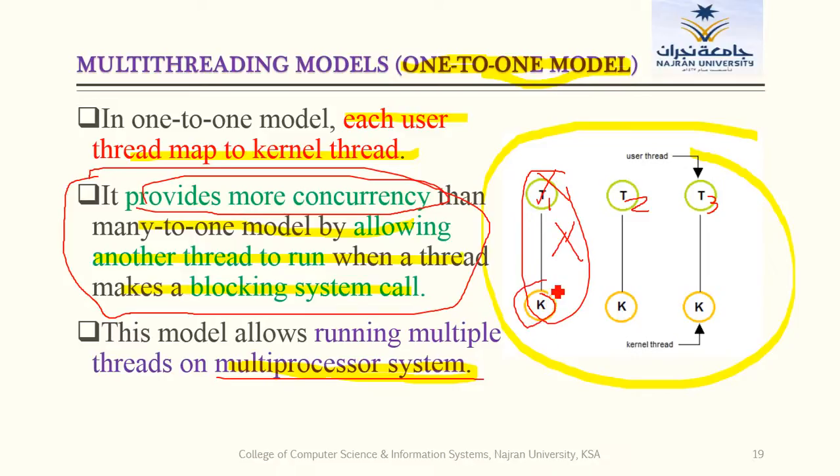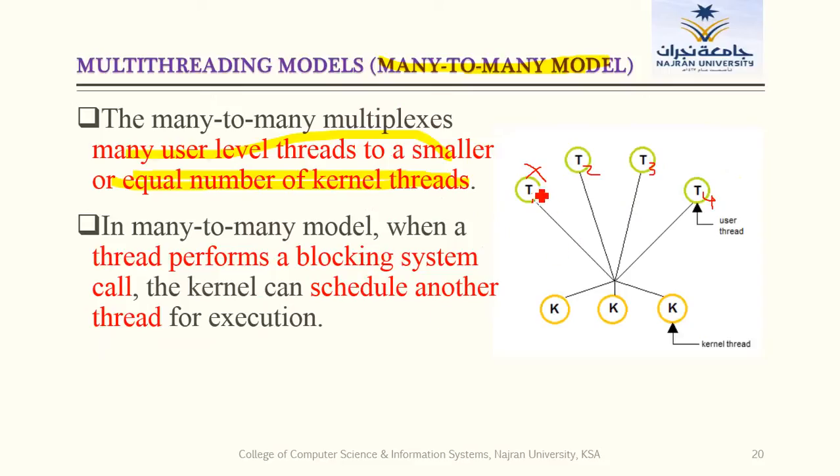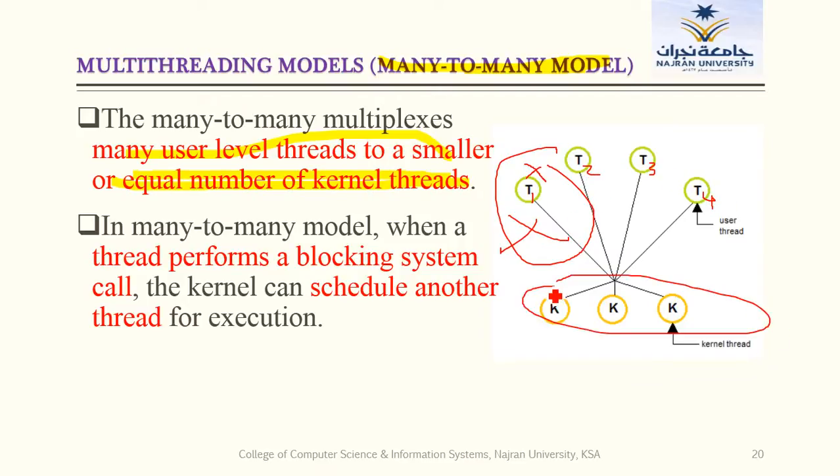But here the situation is different. If T1 is blocked, it will not affect any kernel. The kernels keep working, only this one is blocked, and it will not affect thread 2, thread 3, thread 4 and any of these 3 kernels.